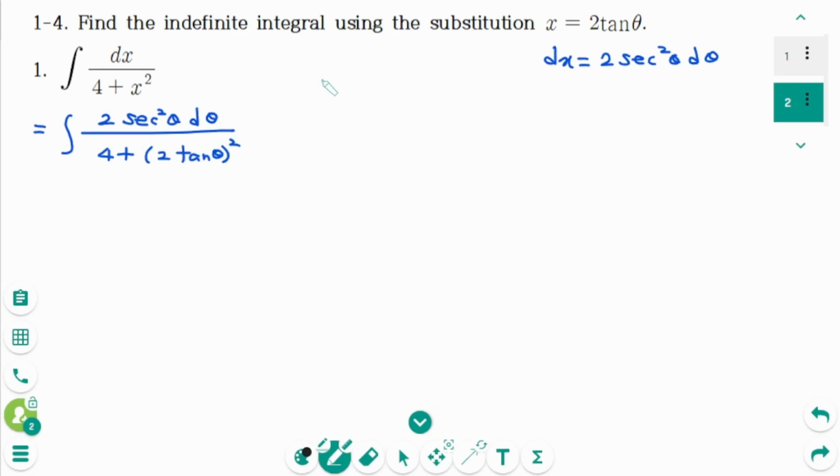The denominator is 4 plus 4 tangent squared theta equals, we can factor 4 times 1 plus tangent squared theta, that means 4 secant squared theta.